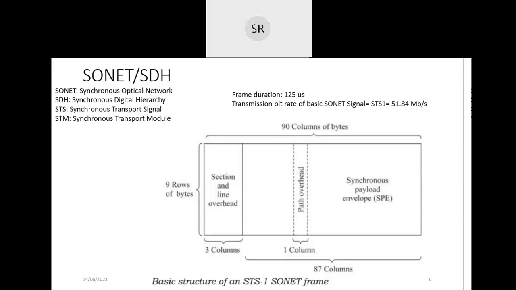Now if you see the SONET frame, a SONET frame takes a duration of 125 microseconds. The transmission bit rate of the basic SONET signal, that is STS-1, is equal to 51.84 megabits per second.